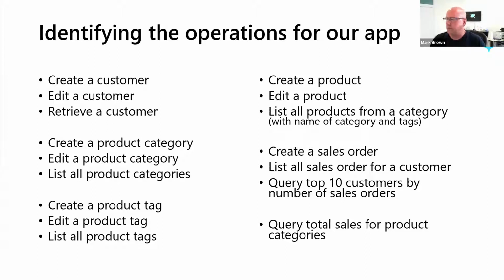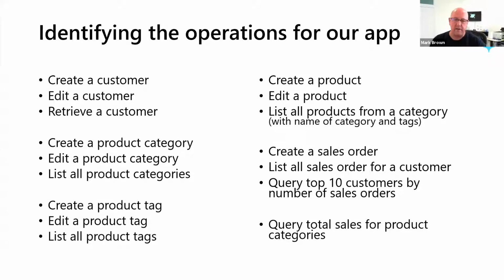We're going to create a product and edit a product, of course. We also want to list products, all products from a category. And we also want to include the name of the category and then all of the tags for that product within that request, right? So that's going to be a frequently run scenario. We'll make a decision here, at least hypothetically, that customers are going to want to navigate into products by category.